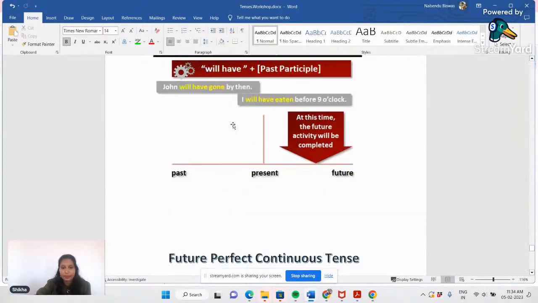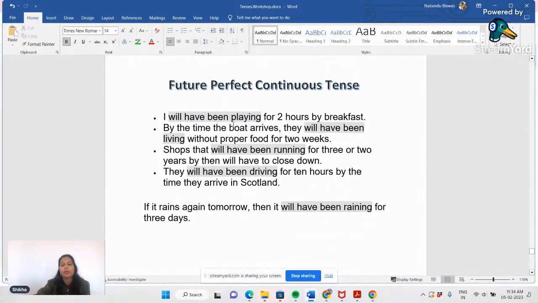Okay. So then we are moving to future perfect continuous tense. Okay, so here we talk about actions which will be continuous in the future. I will have been playing for 2 hours by breakfast.